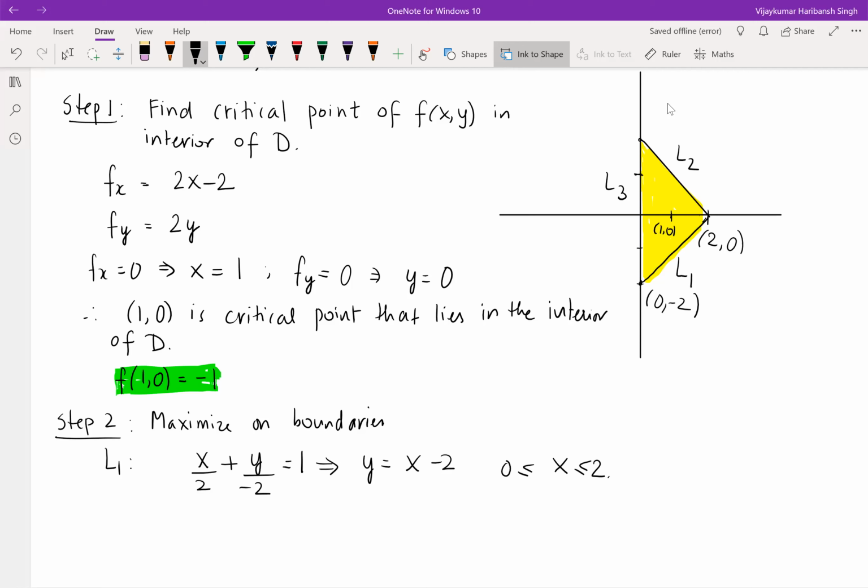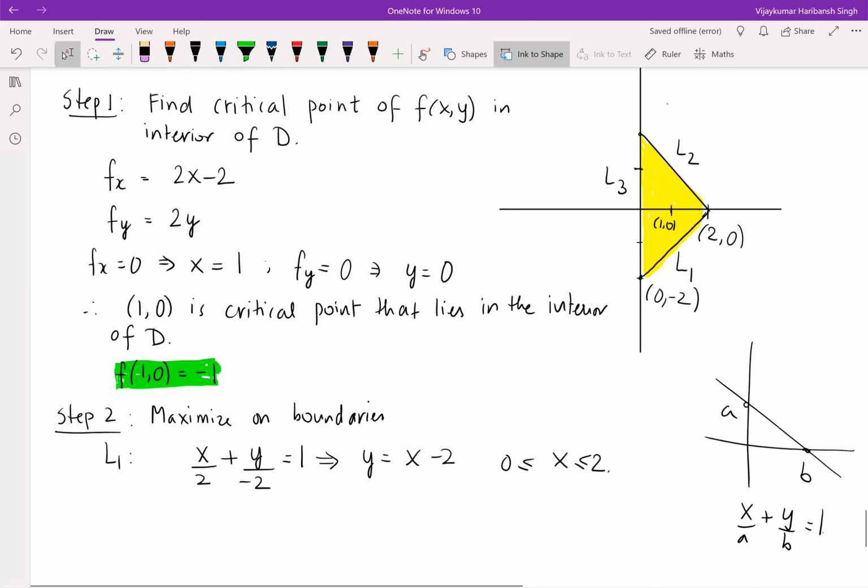Note that it's easy to find equation of line if you know the intercepts a and b. If these are non-zero values, then the equation of line is x over a plus y over b equals to 1. Okay.